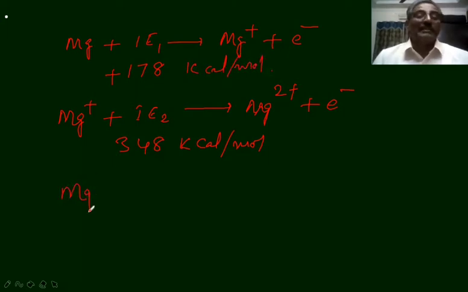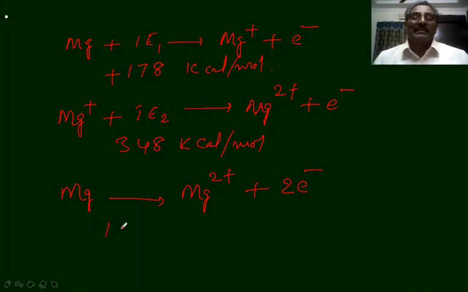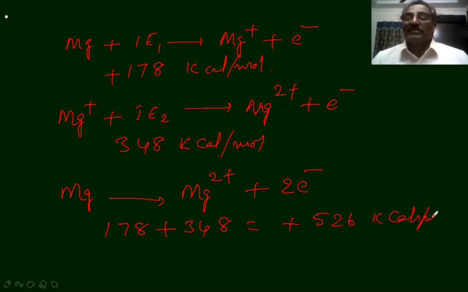For the conversion of magnesium into Mg2+ by releasing two electrons, these two processes take place one after the other. As a result, the amount of energy absorbed will be 178 plus 348, that is equal to plus 526 kilocalories per mole.